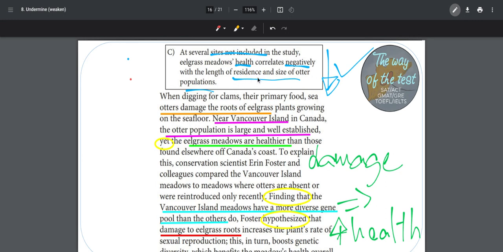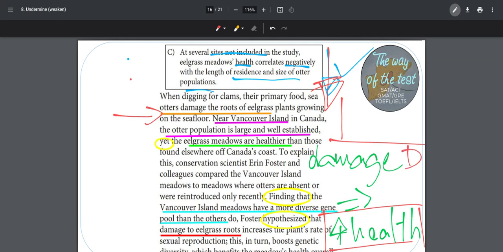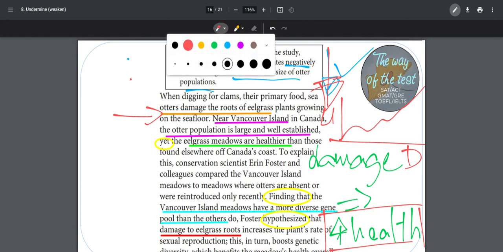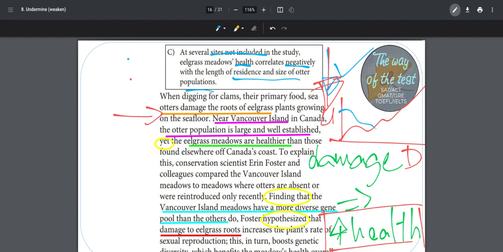So they're telling me there's a lot of otter population, so there's damage. They correlate negatively, which means this is contradicting the conclusion, which is that otters improve the health, which means they correlate positively. Like if you had a table with damage and health, more damage means more health. But what the alternative is saying is that you have more damage and less health. So this is my answer. Letter C is my answer.